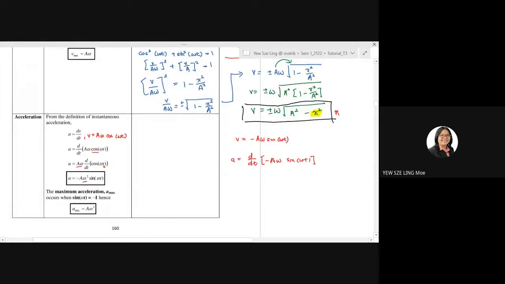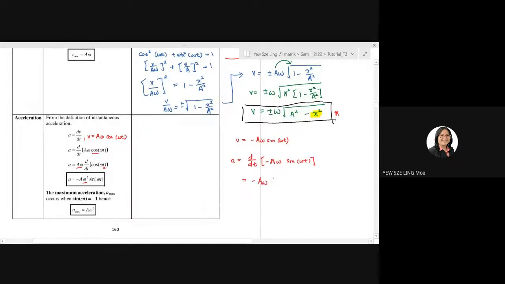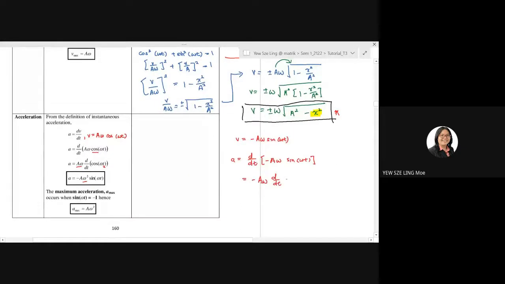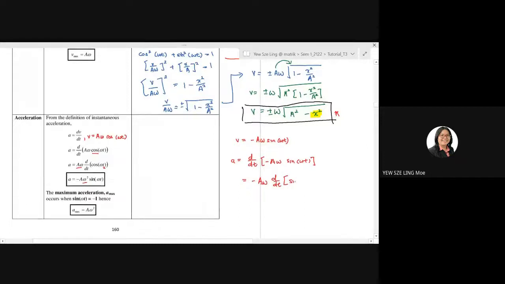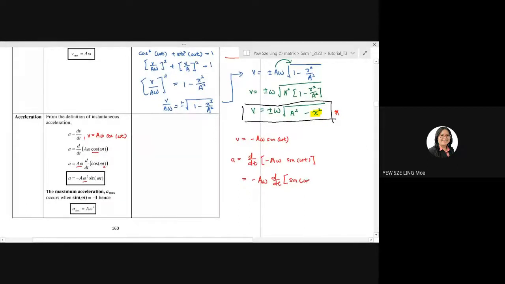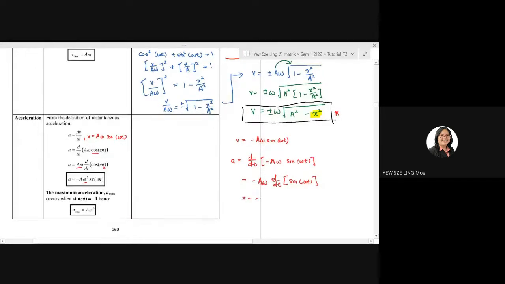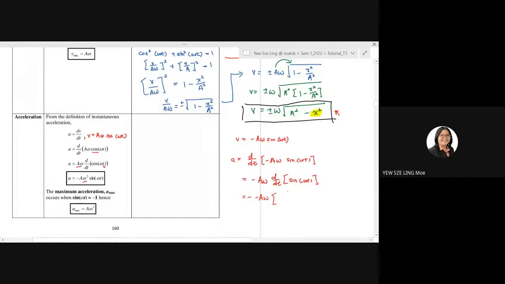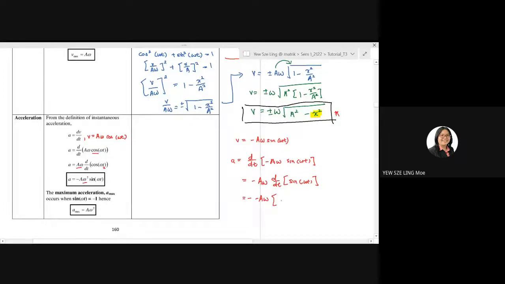Negative A omega has nothing to do with time right now because we want to differentiate with respect to time, so we can take it out first. So negative A omega, d over dt, you differentiate sine omega t. Differentiate sine, you are going to obtain cos. So you have negative A omega, and differentiating sine gives omega cos omega t.